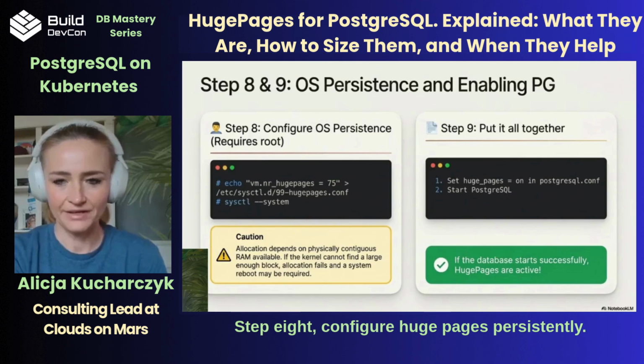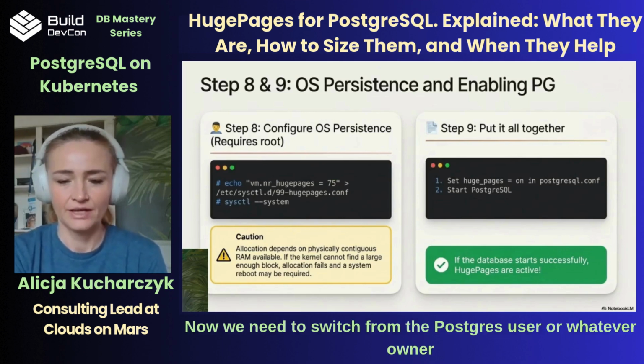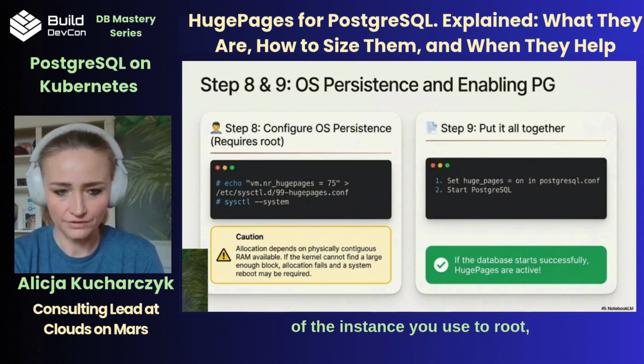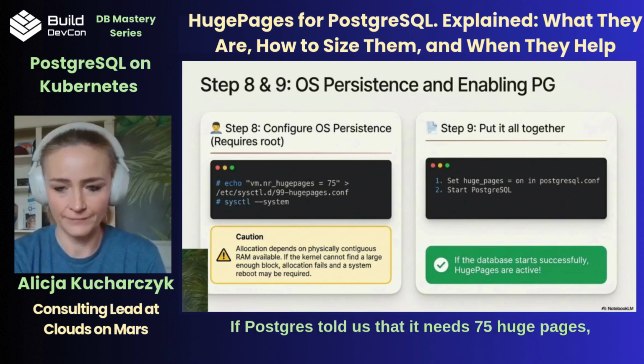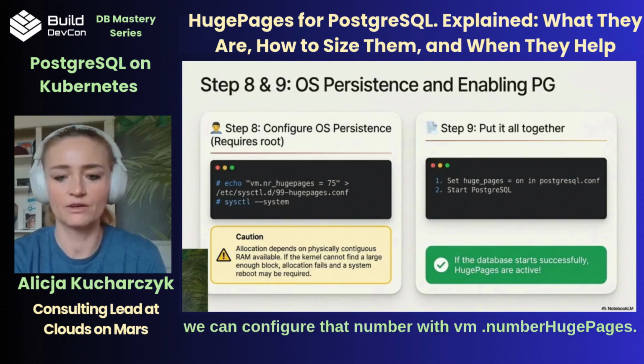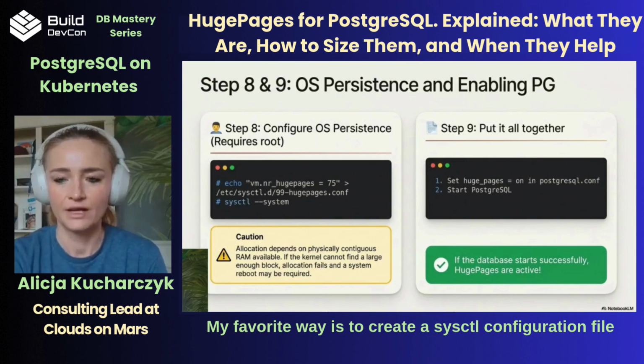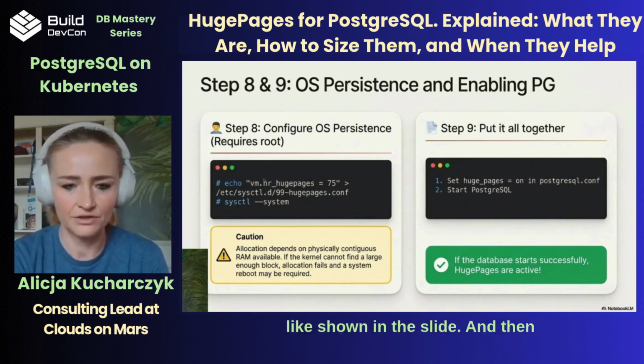Step 8, configure HugePages persistently. Now we need to switch from the postgres user, or whatever owner of the instance you use, to root, because this part changes the operating system configuration. If Postgres told us that it needs 75 HugePages, we can configure that number with vm.nr_hugepages. My favorite way is to create a sysctl configuration file like shown in the slide.